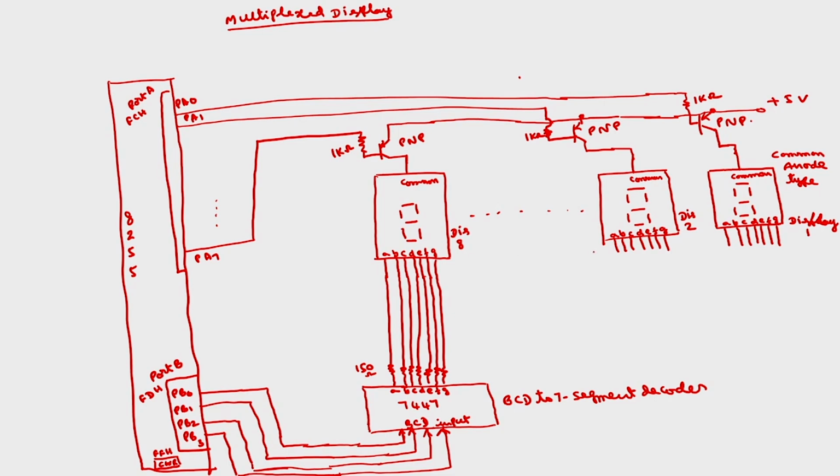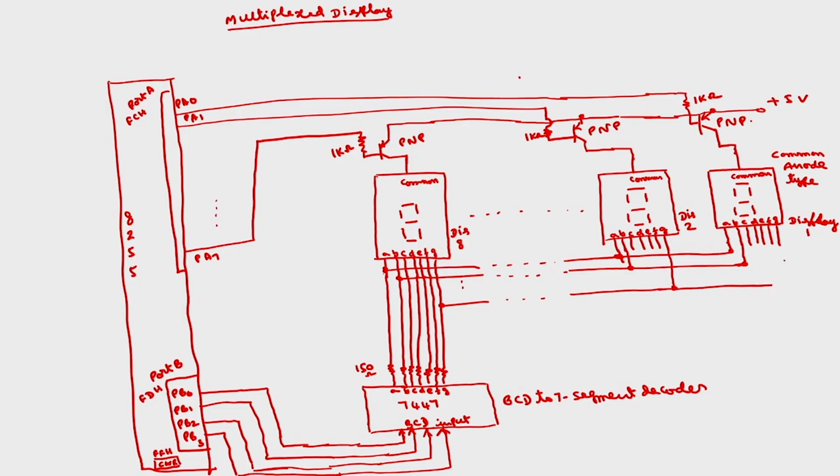Now we connect the A's of all these displays to a common A, B to B, C to C, and so on up to G to G. So a single 7447 is going to control 8 7 segment displays, display 1 to display 8.